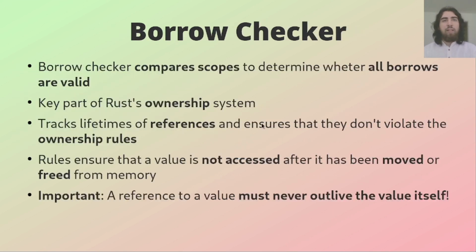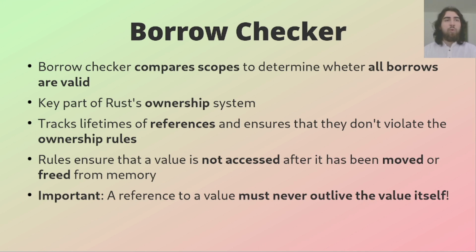Now, to understand lifetimes, you have to understand the borrow checker in Rust. The borrow checker compares scopes to determine whether all borrows are valid. It's a key part of Rust's ownership system. It tracks lifetimes of references and ensures that they don't violate the ownership rules.